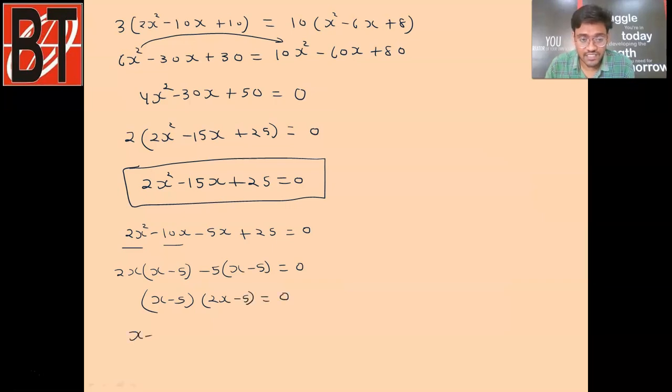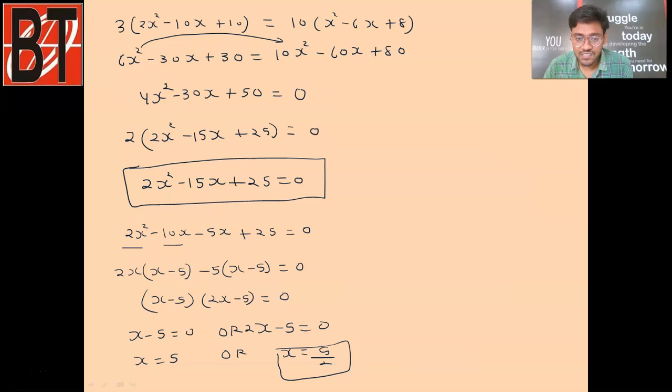So students, either this is 0 or this is 0, so either x - 5 = 0 or 2x - 5 = 0. So I'll get the two answers as x is either 5 or +5/2. Okay students, so the two answers of this particular quadratic equation are 5 and 5/2.